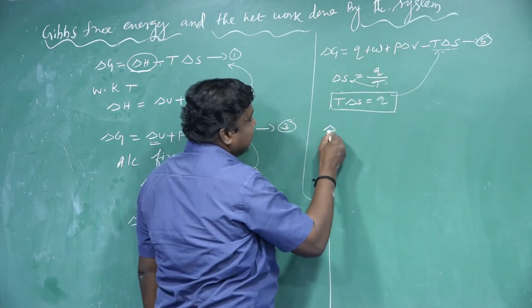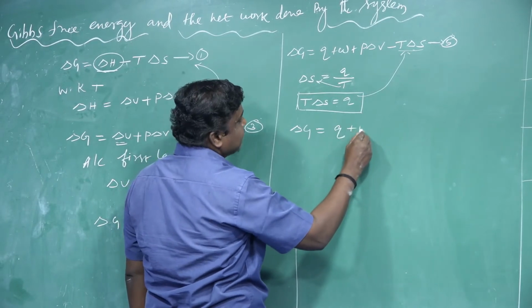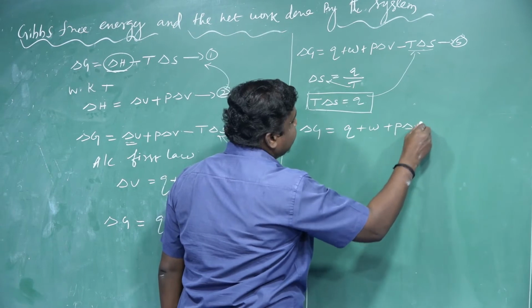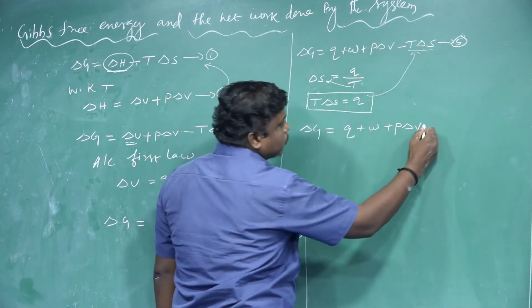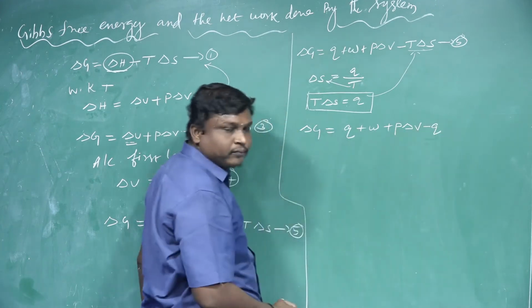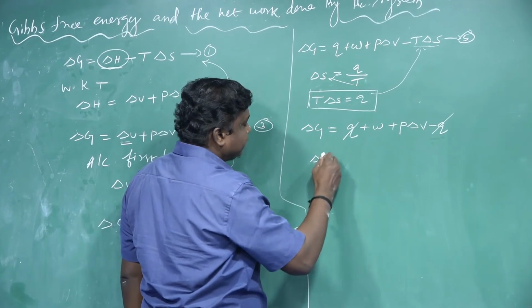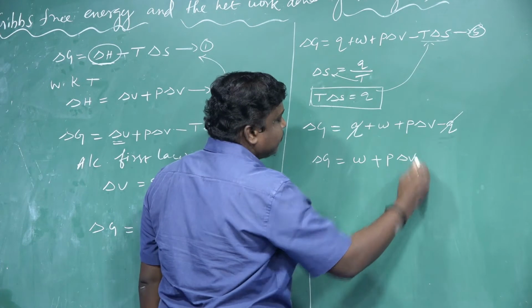ΔG equals Q plus W plus PΔV minus TΔS, which is Q. So plus Q minus Q cancel. ΔG equals W plus PΔV.